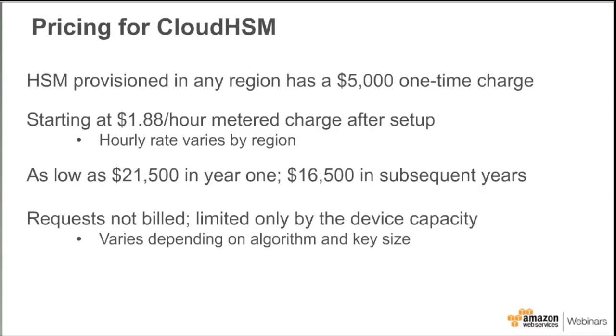And so your cost for year one includes a $5,000 setup charge, as well as the hourly rate for as many hours as it's up and running. Unlike key management service, CloudHSM does not bill per requests. So you can make as many requests as you want. You're limited only by the capacity of the device, and that capacity depends on the algorithm and key size that you're using.